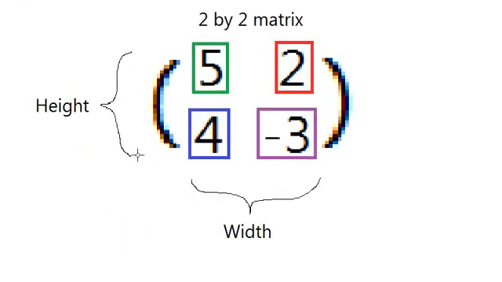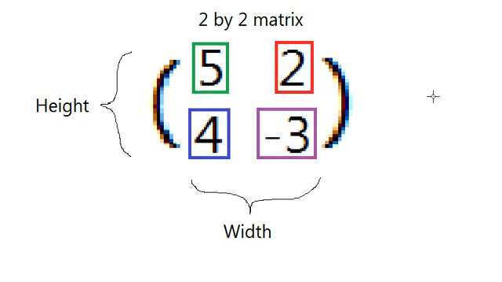Before we start the chapter, let's talk about what a matrix is. A matrix is basically a bracket with numbers inside it. This is called a 2x2 matrix because it's height 2 and width 2. But what if it's 1x2 or 2x1? Will that make a difference?